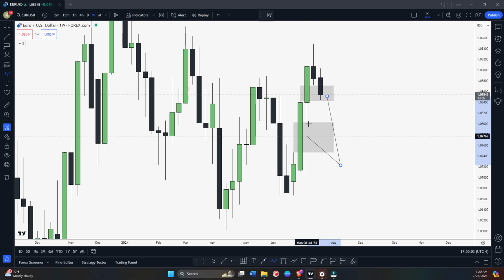Once we close below this bullish fair value gap, the last line of defense, then we can anticipate the market can turn bearish. And that's how we have to trade. If it holds and we get any lower time frame confirmation, we can look for continuation to the upside. If it doesn't hold, that means we are looking for a bearish move. So that's how you can understand the order flow.